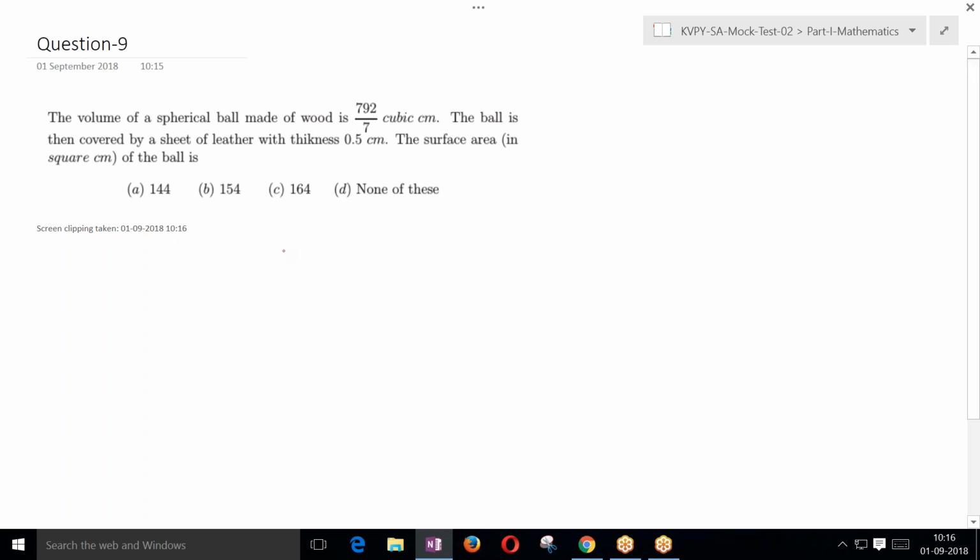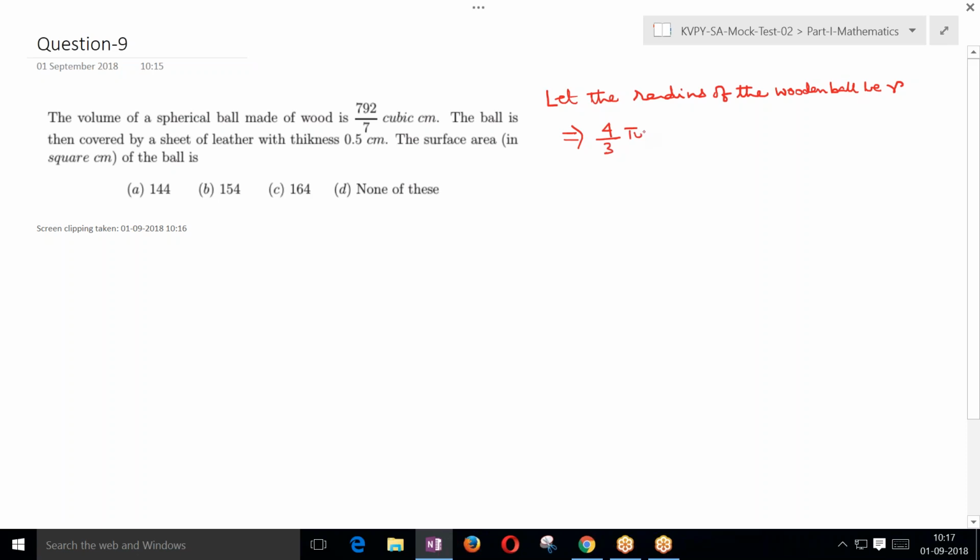We can do it in this way. This is pretty straightforward. Let the radius of the wooden ball be R. Then according to the question, we know the volume of a sphere is 4/3 pi r cube.